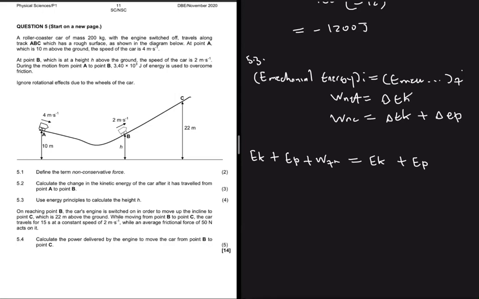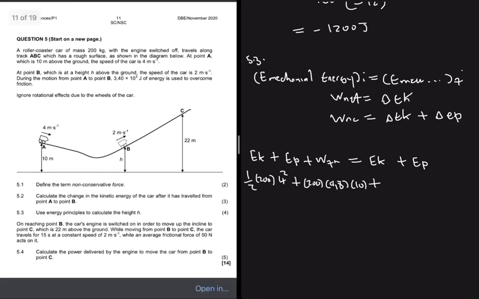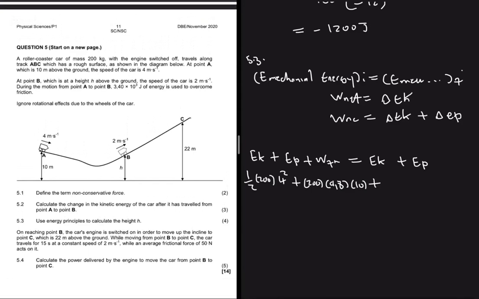So let's go ahead and sub that. At point A, we know that we have 1 over 2, 200 kg. The velocity is 4 squared plus EP, that is mass, which is 200, multiplied by gravity, which is 9.8, and then multiplied by the height, which is 10, plus the work that is done to overcome the friction. It is given as 3.4 times 10 to the 3 joules.